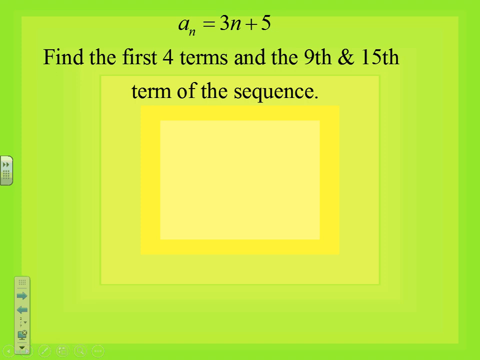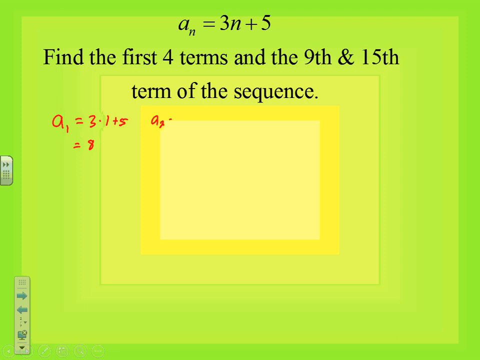So if I want to know what the term is in my first iteration, or the first place of the sequence, I would say a of 1, or a sub 1, is equal to 3 times 1 plus 5, which just gives you 8. So there's your first one, and you'll do that for all of them.